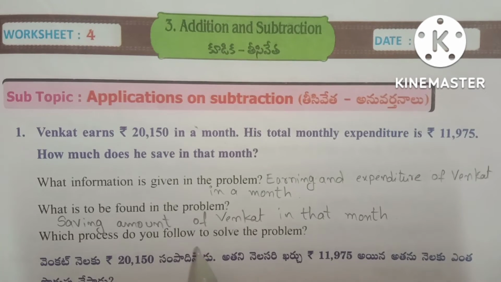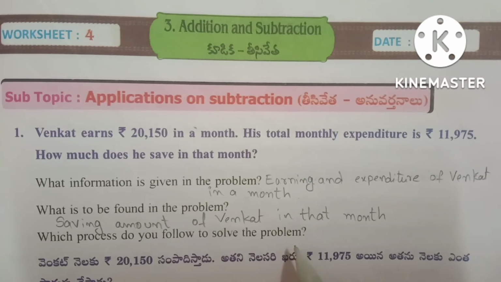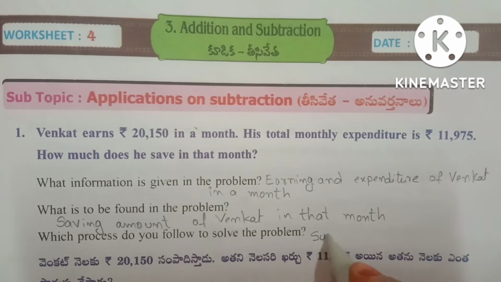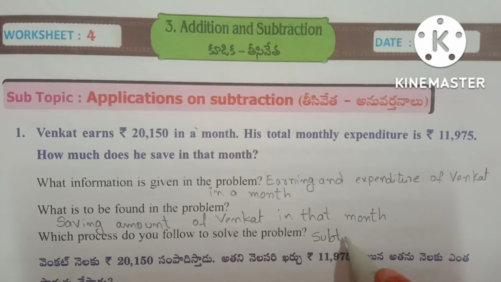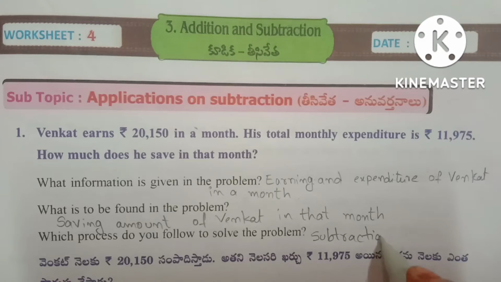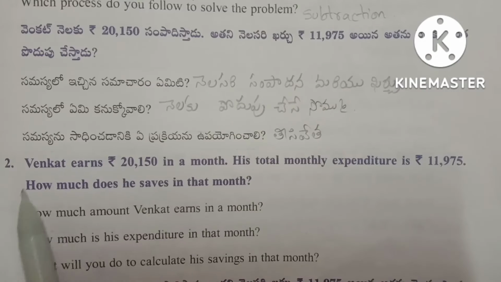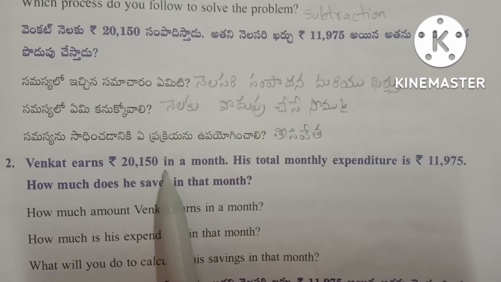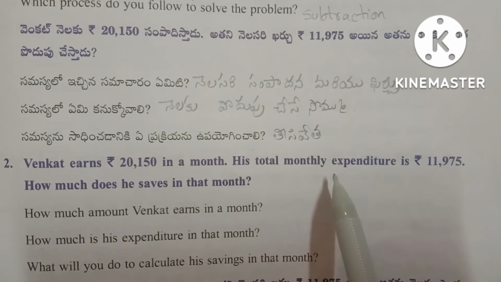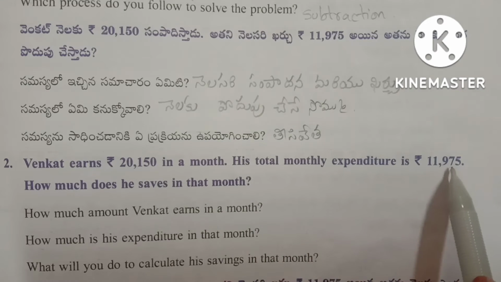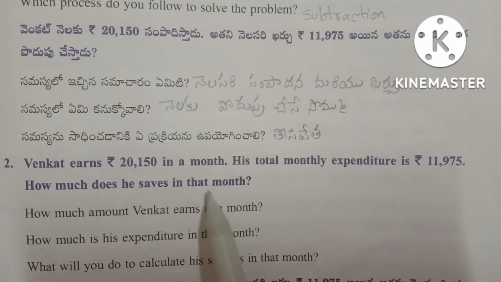Next, which process do you follow to solve the problem? We should do subtraction to solve the problem. Next, Venkat earns 20,150 rupees in a month. His total monthly expenditure is 11,975 rupees. How much does he save in that month?